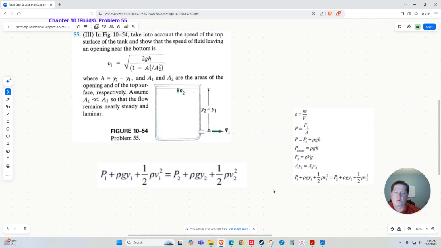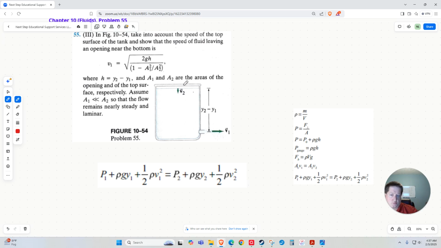Now when we apply Bernoulli's equation to our problem, we do have a height difference, so we're going to keep the y's in there. We do have a velocity difference, so we're going to keep those in there as well. Now technically, is there a pressure difference between 1 and 2? Yes. From this height to this height, there is a difference in the atmospheric pressure. So those pressures will be slightly different.